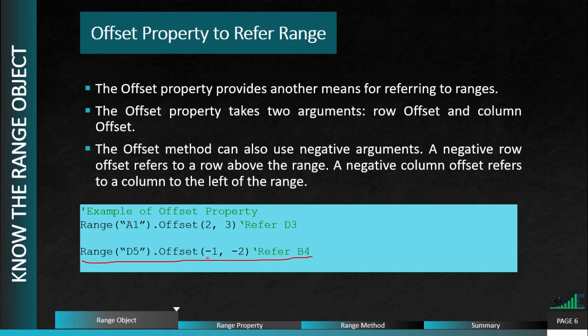One row up means D4. I am at D5, going one row up, that means my address will be D4. Now I have to go 2 columns left. Minus 2 means 2 columns left, so C and B. Ultimately B. I am going to B4. So this is the way I am reaching there. Clear?